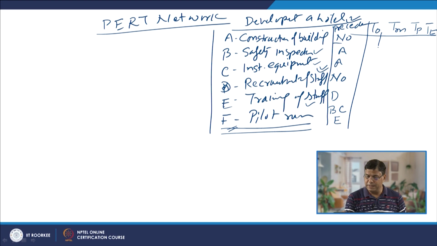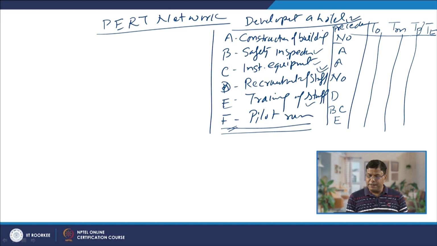So first we start with TO, TM, TP, and then TE at the last. Say activity A takes 20 days as the most optimistic time, 24 days as the most likely time, and 30 days as the most pessimistic time, so at maximum it can take 30 days.